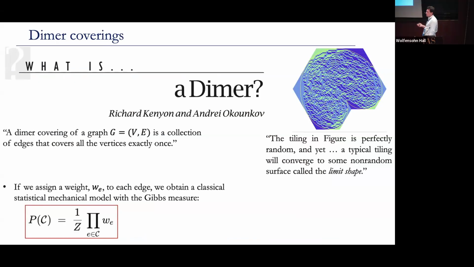So in some sense, it's exactly the same thing as a domino tiling, except the mathematical studies usually focus on these dimer coverings as classical statistical mechanical models where they assign a certain weight to each edge, and therefore a Gibbs measure or Boltzmann weights, and study these objects from the StatMech perspective.